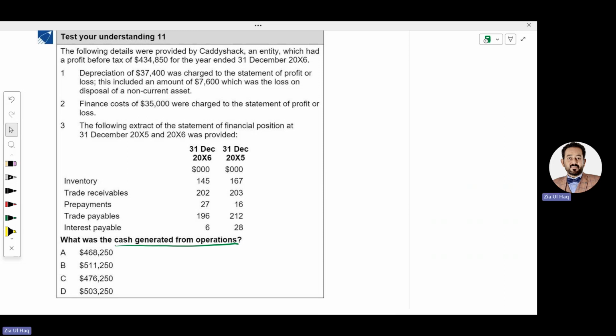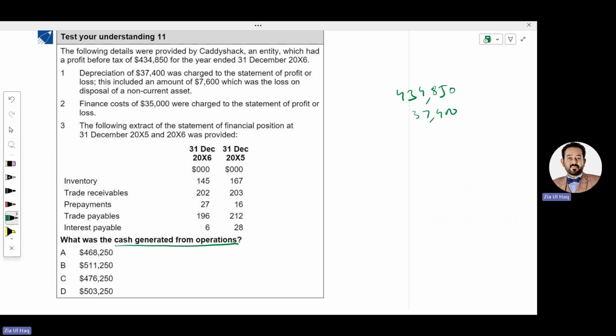So what is profit before tax? 434,850. Depreciation, we need to add back 37,400. And this includes an amount of 7,600, which was the loss on disposal of non-current assets.